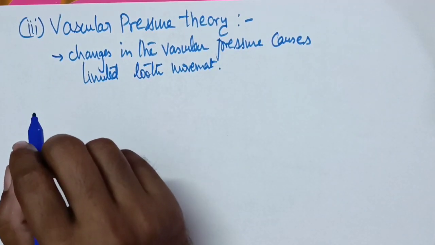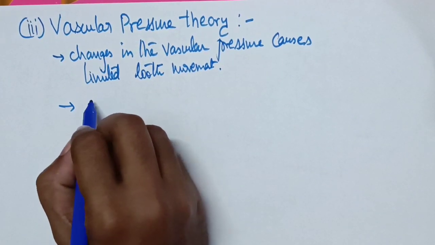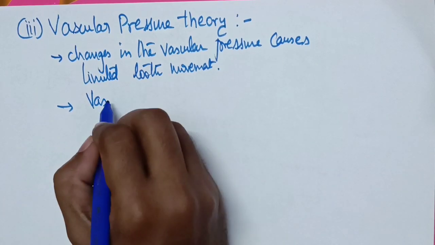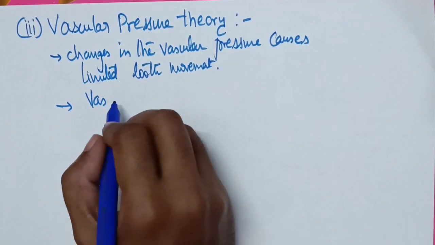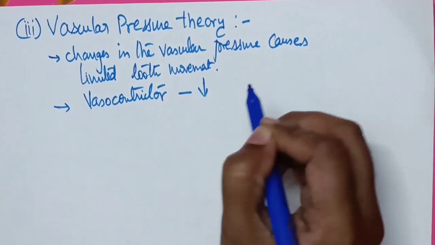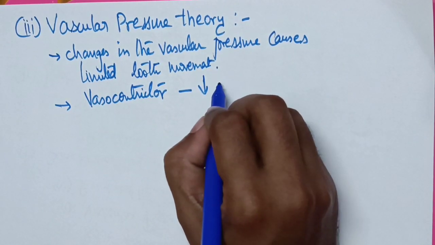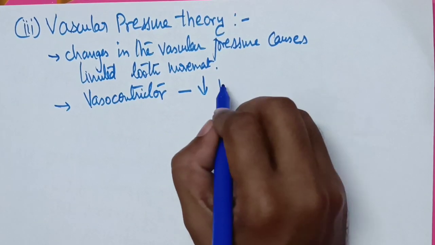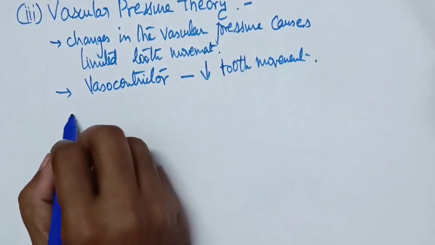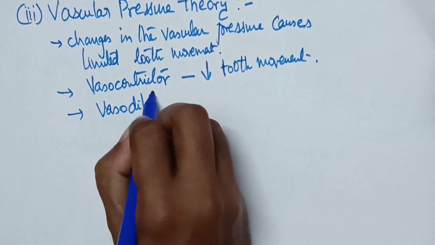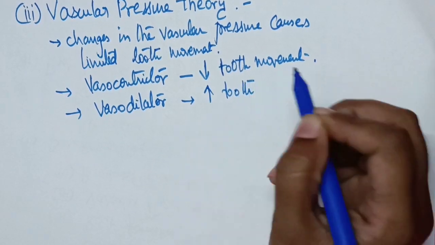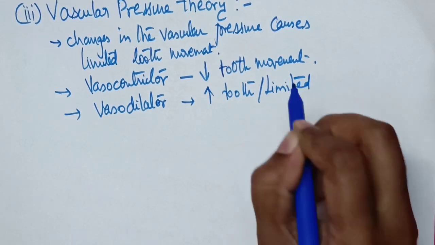So you have to prove this theory. What they say is, for example, if you apply a vasoconstrictor, there will be a decrease in tooth movement, or tooth movement does not take place. However, with application of a vasodilator, it causes an increased tooth movement.